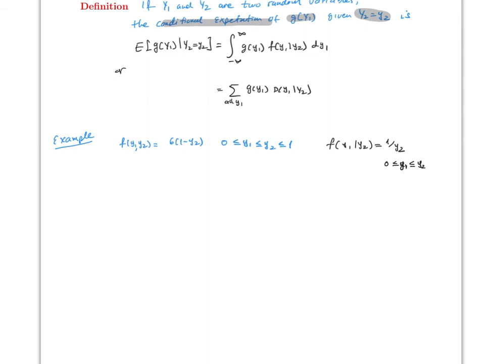So let's say we want to find the expected value of y1 given that y2 is equal to y2.